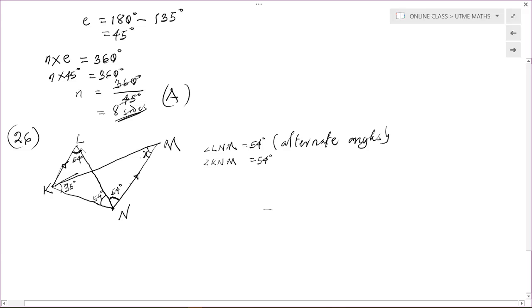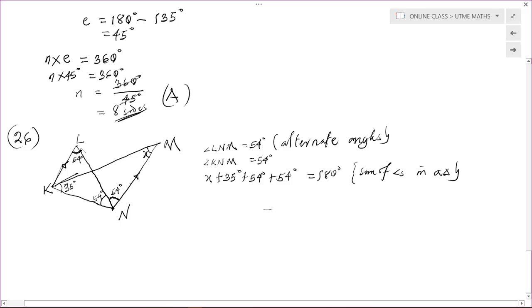We have to calculate angle KMN. From here we can see that x plus 35 degrees in this triangle KMN plus 54 degrees is equal to 180 degrees. Why? Sum of angles in a triangle.